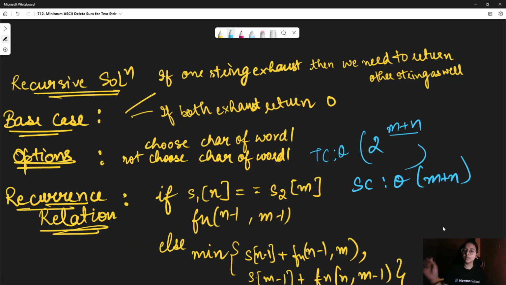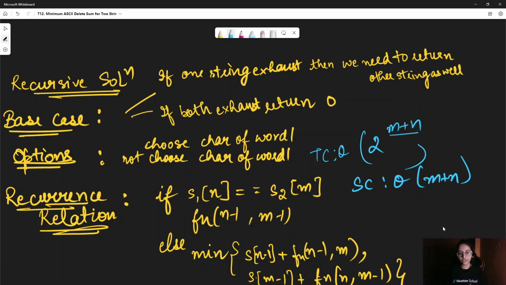And instead of this minimum of s of n-1 plus function of n-1 comma m, we will be writing s of n-1 plus dp of n-1 and that m. Basically, they would now be indicated as the indices of that particular dp. And this is how we will be transforming this particular solution into a DP solution.